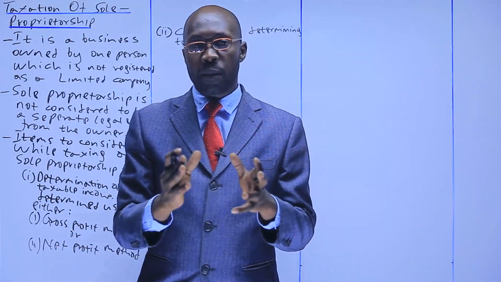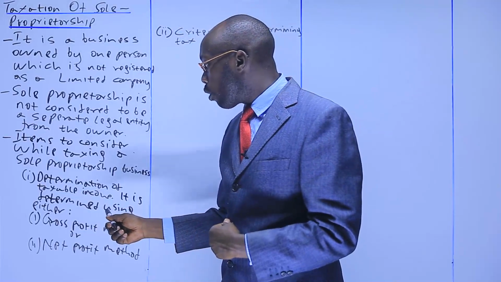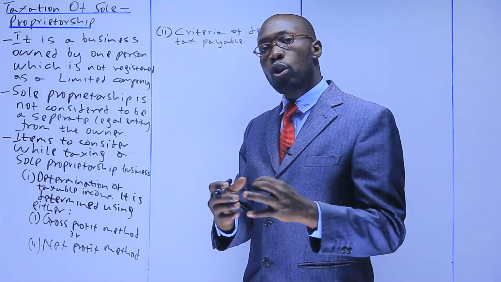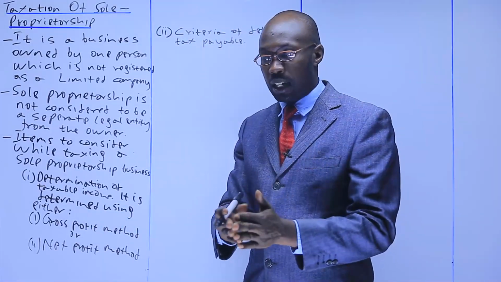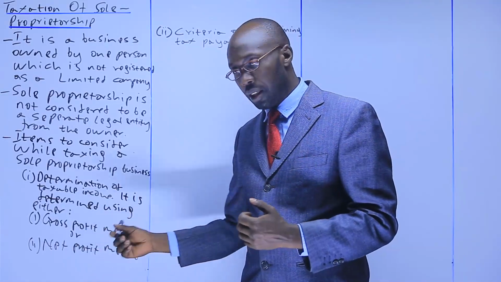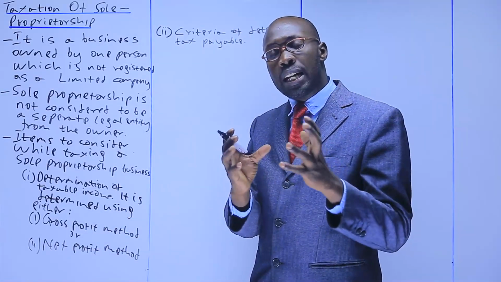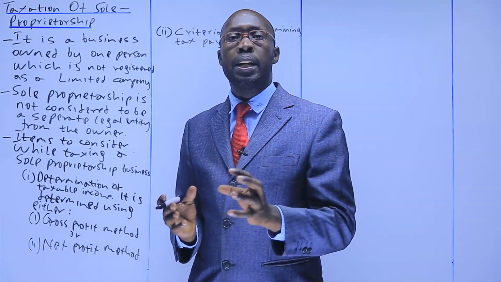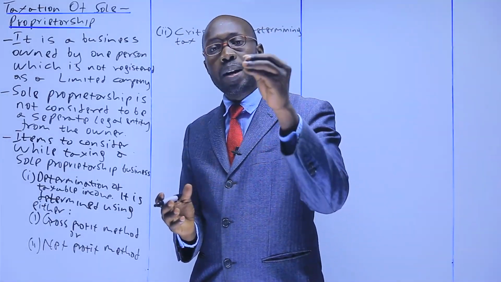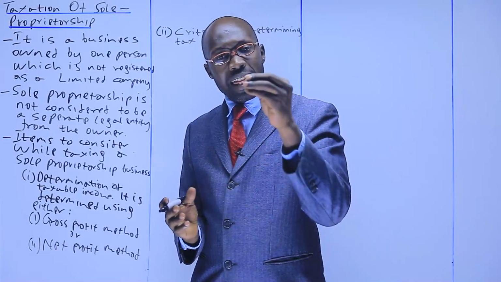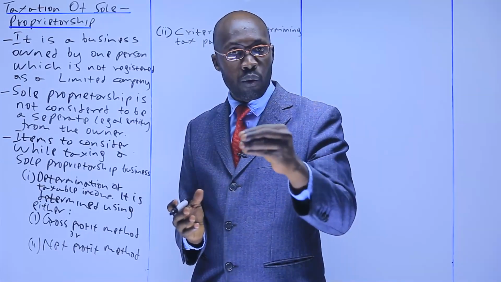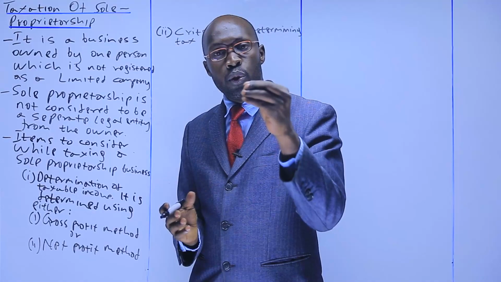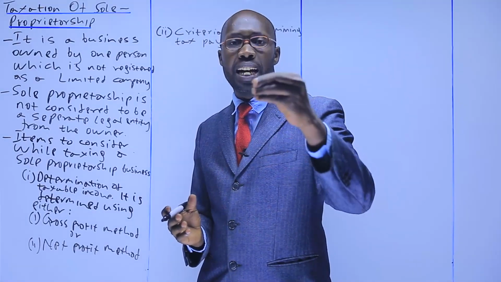And when we talk of the tax payable, we don't mean the taxable income. Taxable income is the income that is supposed to be charged tax, which you determine using either the gross profit or the net profit method. Now, once you determine the taxable income, our main objective is to determine the tax that is payable by that sole proprietorship business, by the sole proprietor who we have said is the one who normally pays tax. So which criteria do we use to determine the tax to be paid?